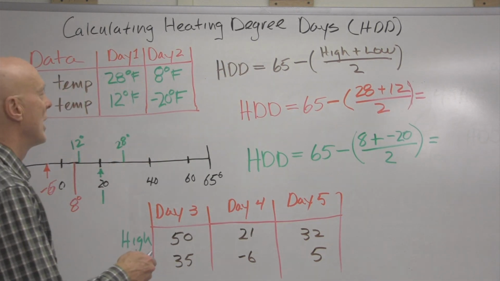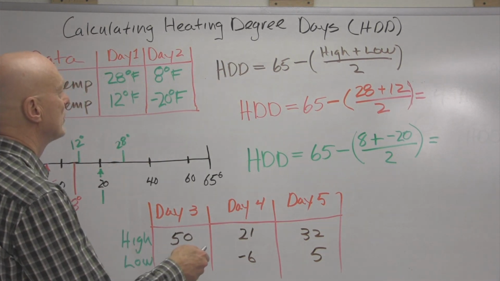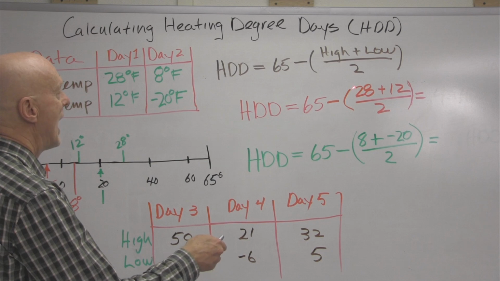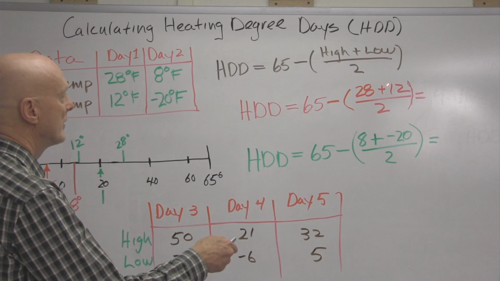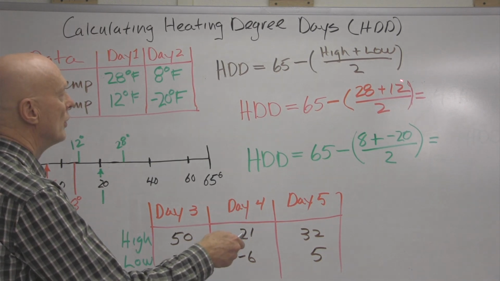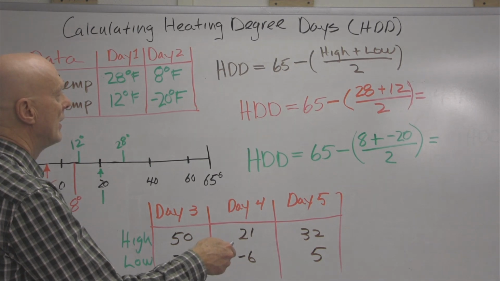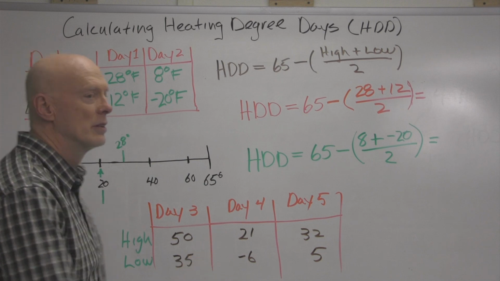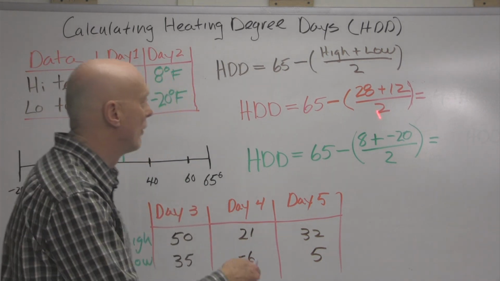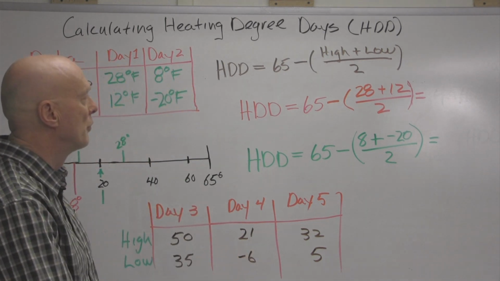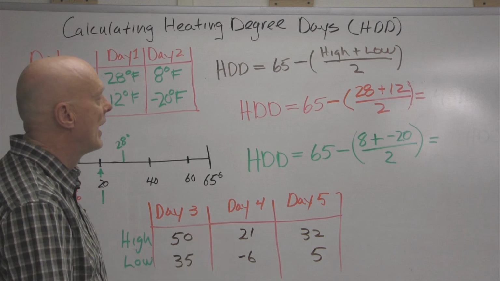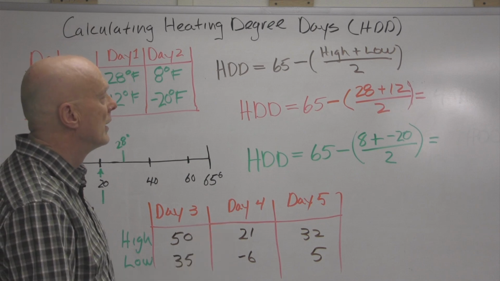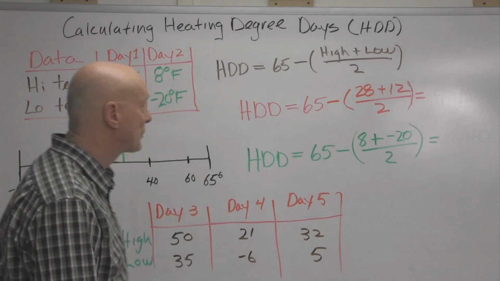First example. Heating degree days equals 65 minus the high, which is 28, plus the low, which is 12, divided by 2. You can do this in your head. Let's just do it in our heads rather than pause the video. We've got 28 plus 12 is 40. 40 divided by 2 is 20.